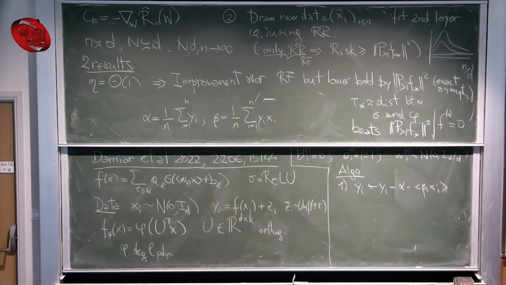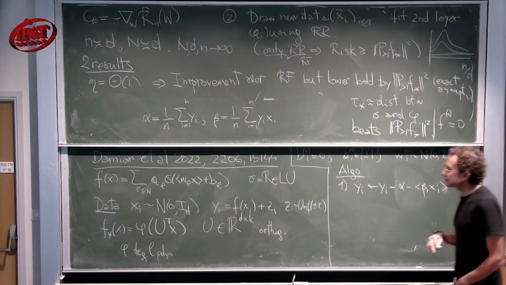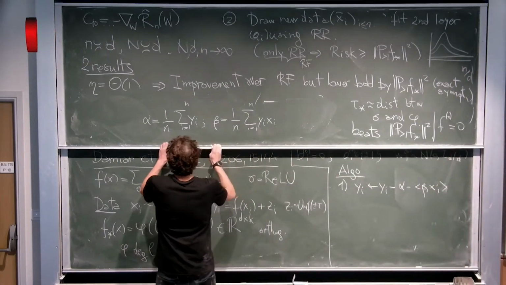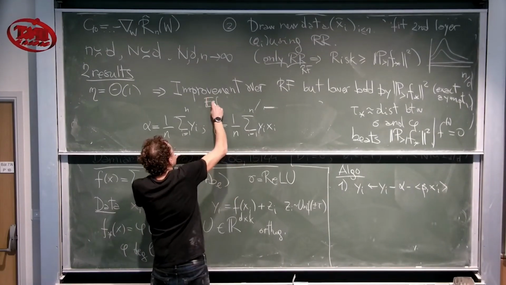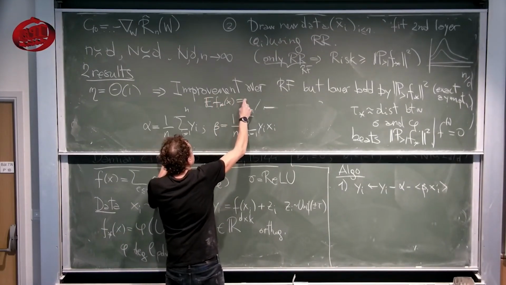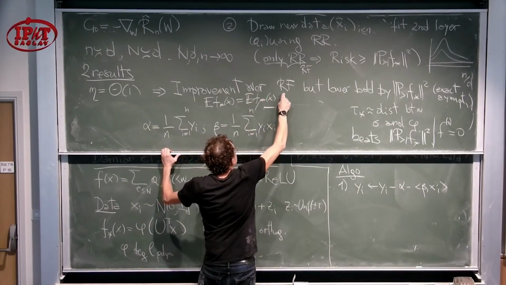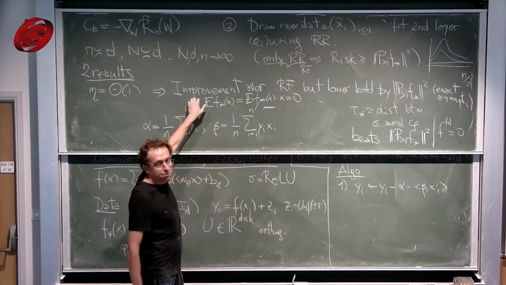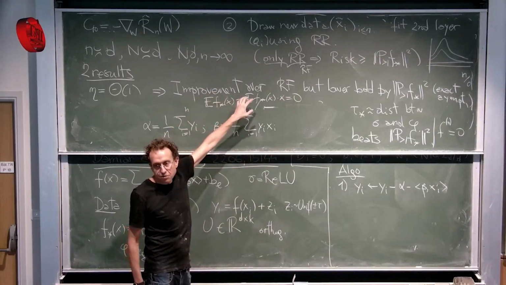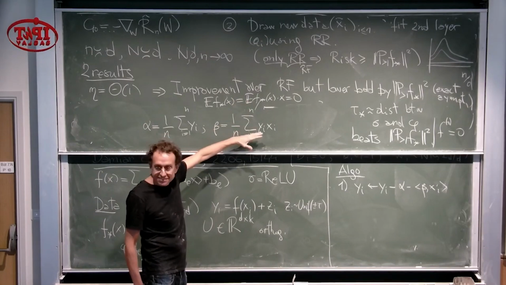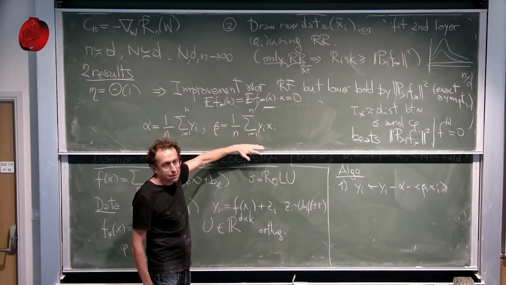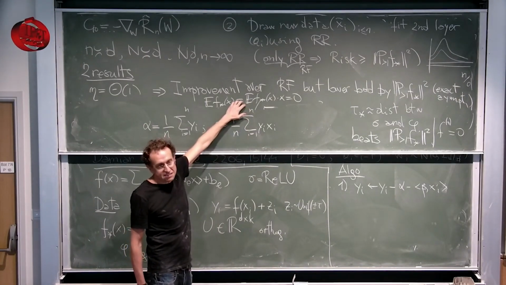Think of it as they really are interested in the case in which the linear component and the mean of f star is 0. So the mean of the function is 0 and the linear component is 0. If you do that, then you don't need this step. But with this step, you can always reduce yourself to this case, okay?